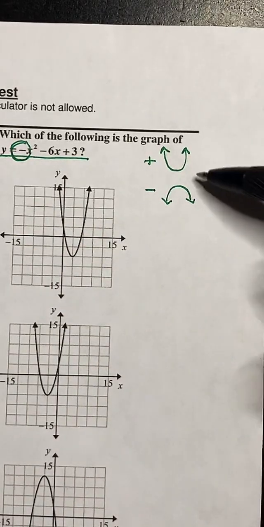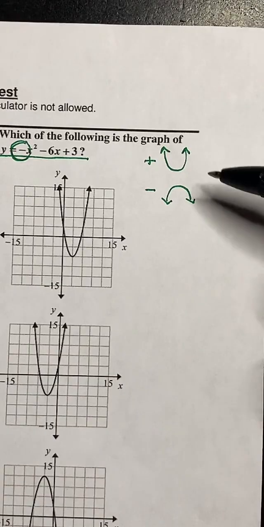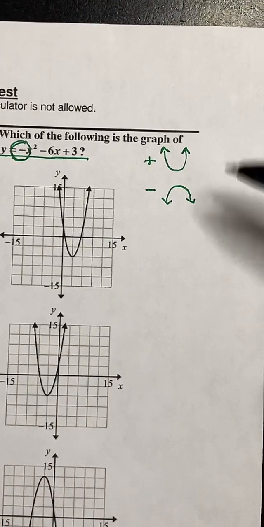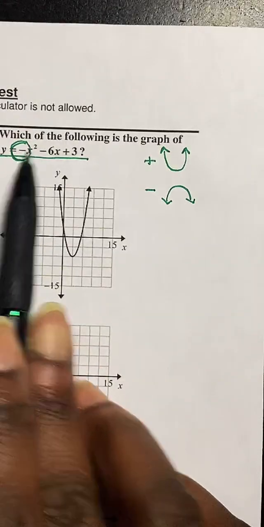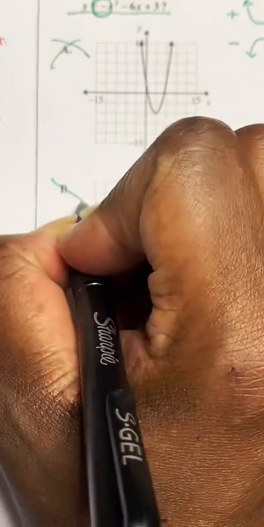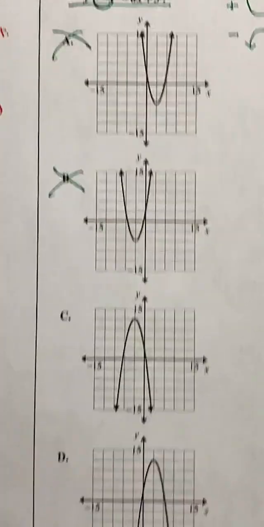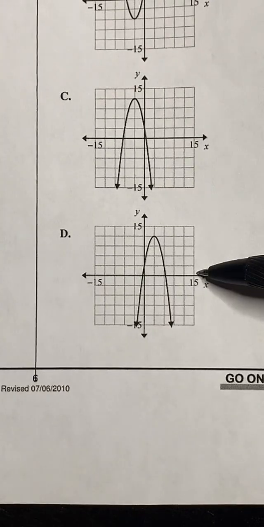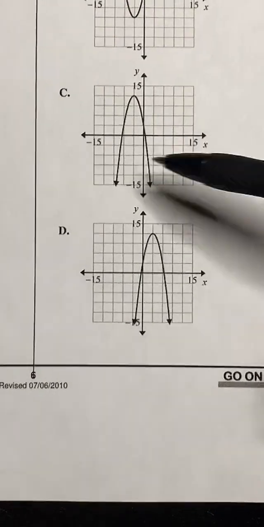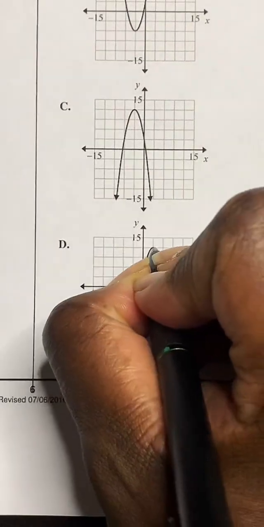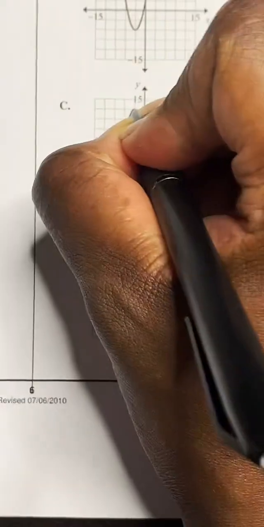These U shapes are called parabolas. Okay, so that means we're looking at what's called a quadratic equation. So since it's negative, it should be opening down. So that's why A, not it, B, not it. So now we have either C or D. And the difference between C or D is how our vertex is shifted.